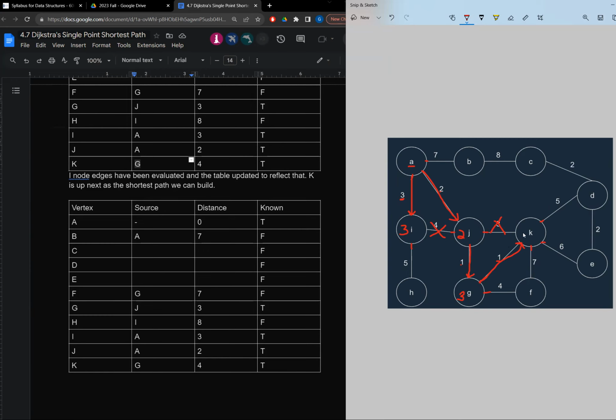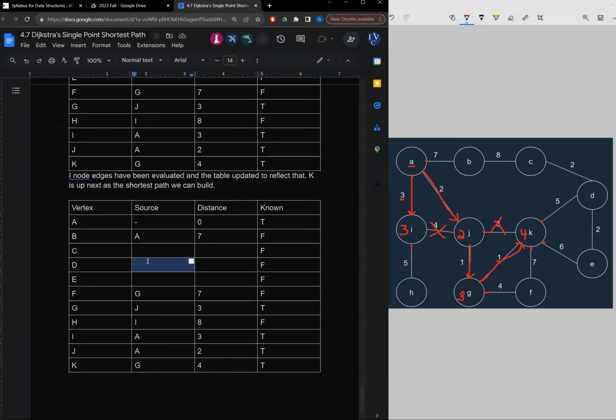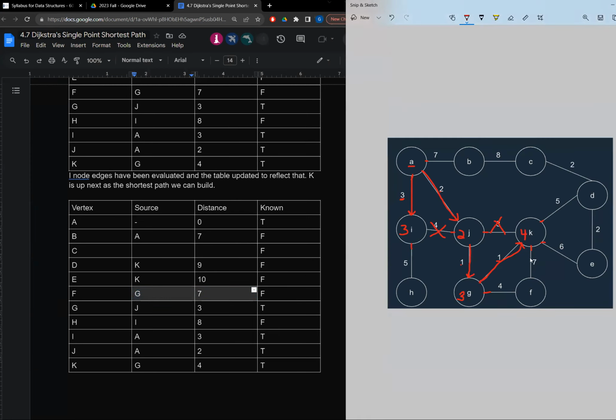K cost us 4 to get here. So 4 plus 5 gives us a 9 to go to D. From K for 9, then we can go to E. From K for 10, and we can go to F. Go to F from K for 11, right? And that is not better than 7. So this edge will be discarded.